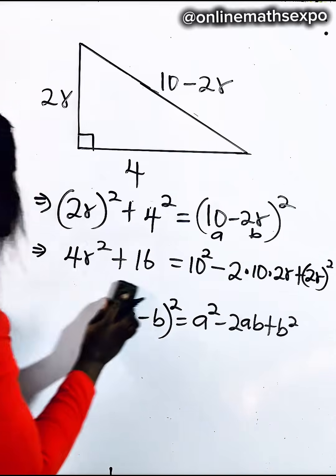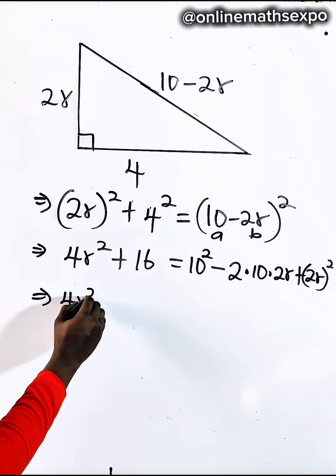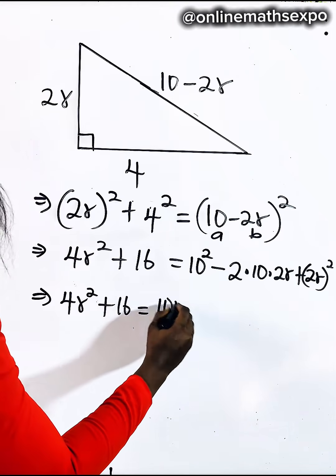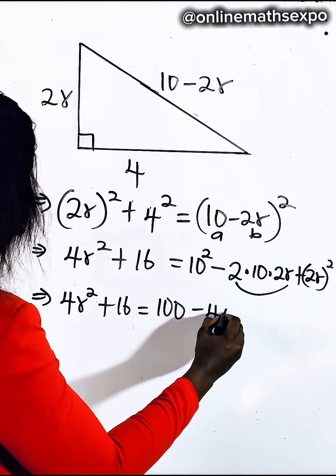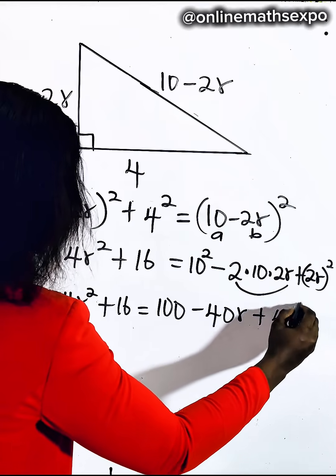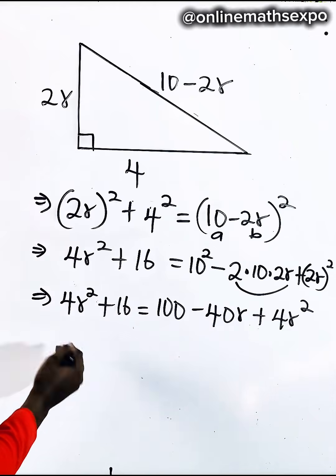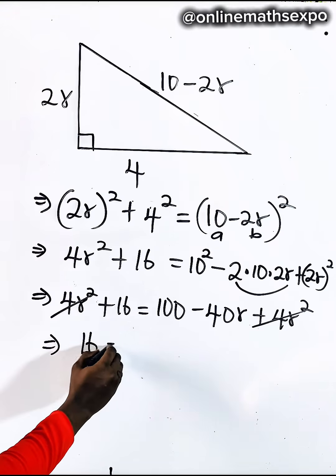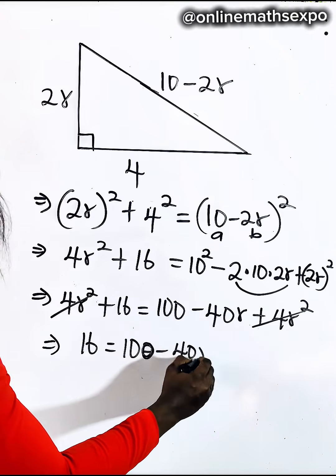If you simplify this, we have 4r squared plus 16 equals 100, minus 40r, plus 4r squared. Now you see that 4r squared is on both sides, so you can easily cancel it out. So we now have 16 equals 100 minus 40r.